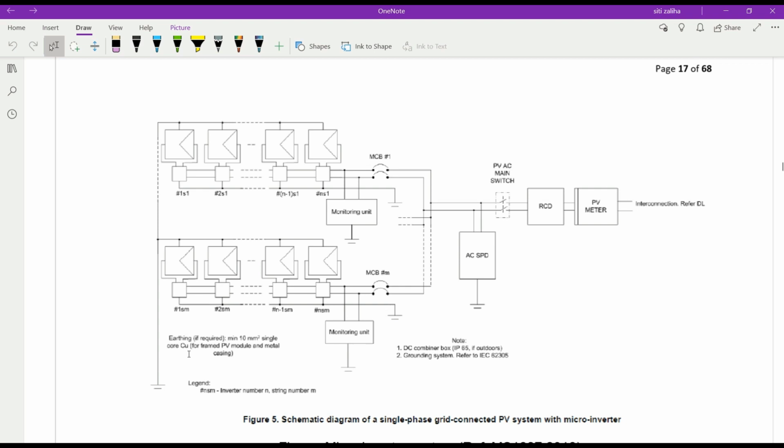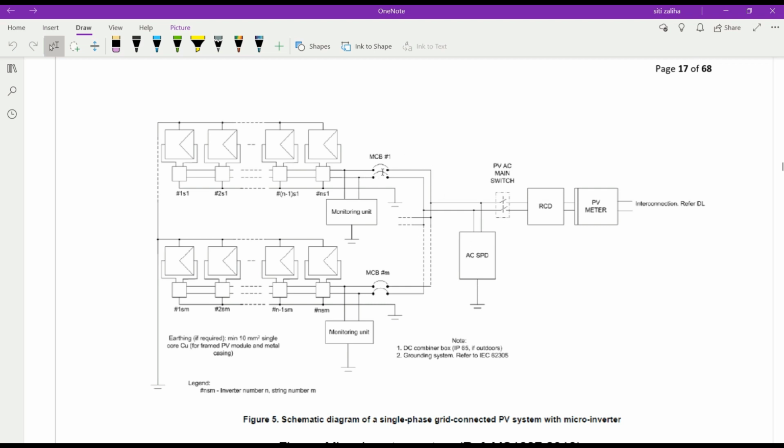So the earthing, if required, is the same minimum, 10 square millimeter single core copper. That one is for the frame, PV module and metal casing. So here we have AC SPD. Because this inverter already converts from DC to AC, that's why we don't have this DC SPD.